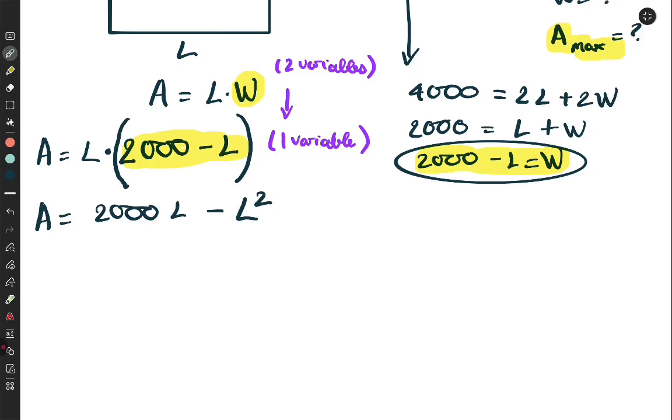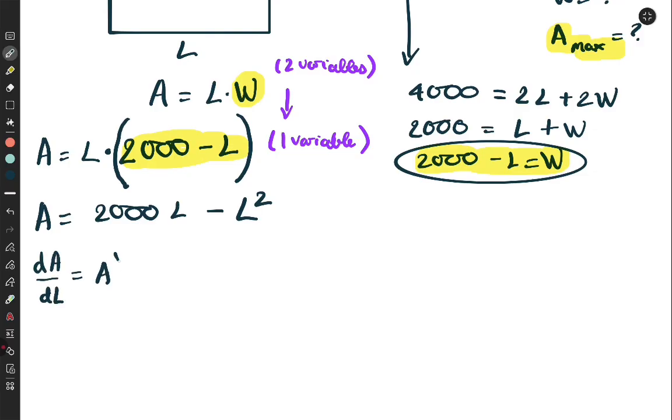What would be the critical point? What would be the critical points? I'm gonna do the table. Critical points. Okay. So, formally, it's like this, right?